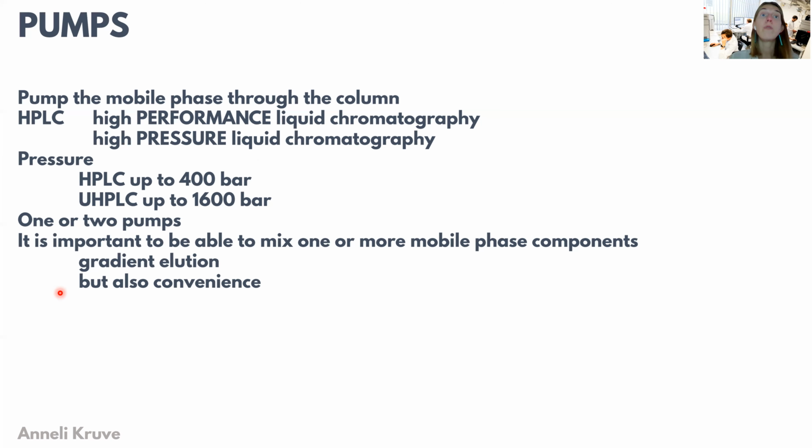But it's also a convenience in the sense that if we want to test different mobile phase compositions, then it's much faster, and also more economically reasonable, to change these ratios in the instrumentation rather than manually mixing different mobile phase compositions together.